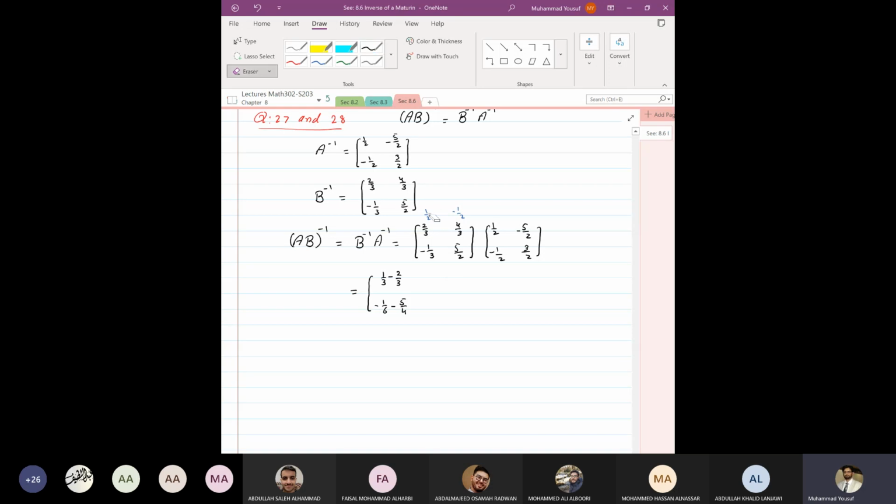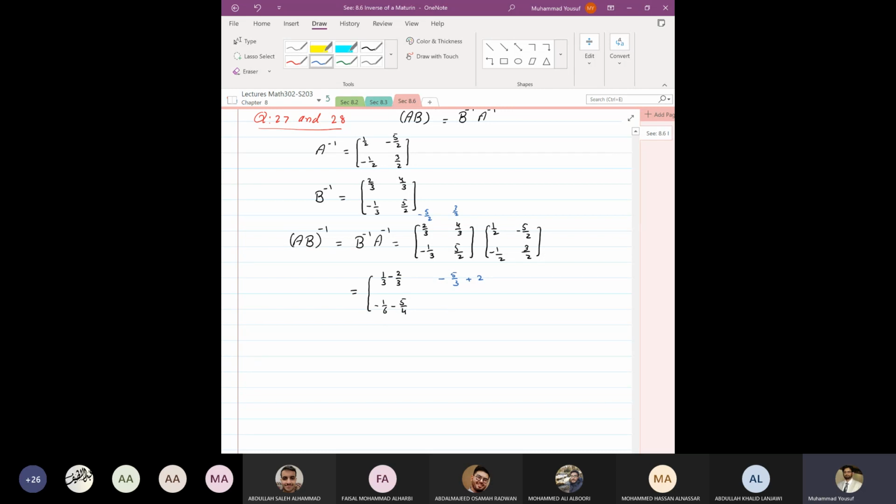Now we remove this 1 over 2, minus 1 over 2 and then put here the second column, minus 5 over 2 and 3 over 2. Now multiply them. So 2 cancel, minus 5 over 3, plus 3 cancel, 2 4 cancel, plus 2 also.